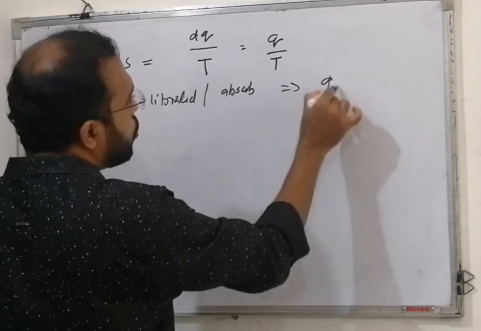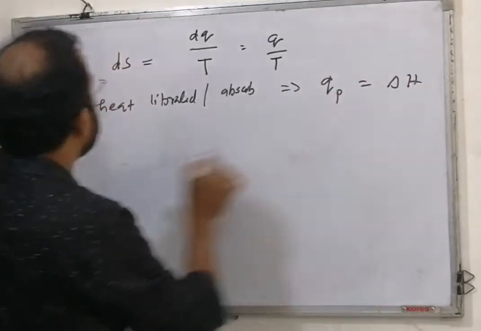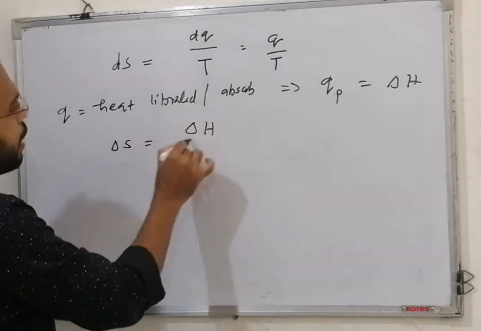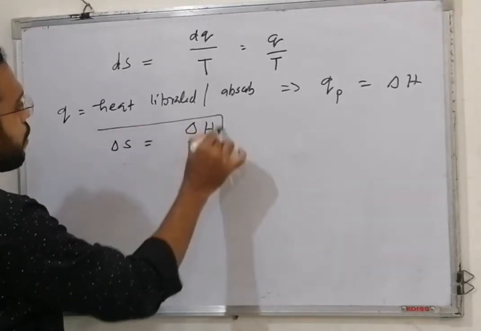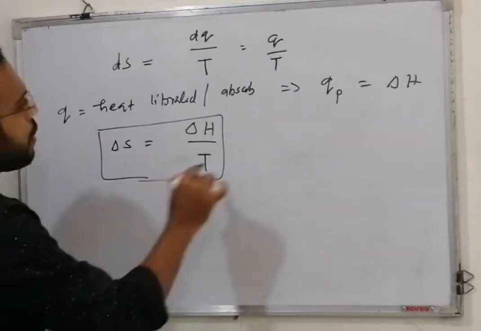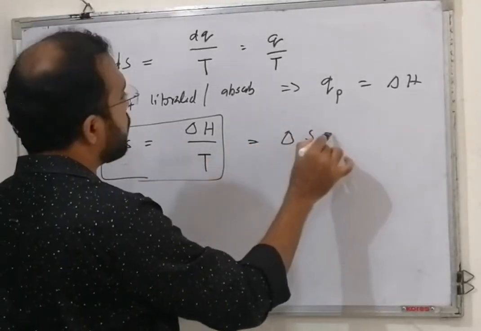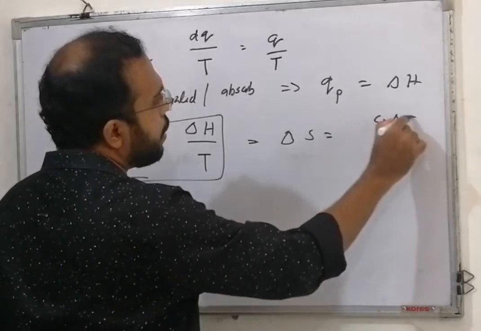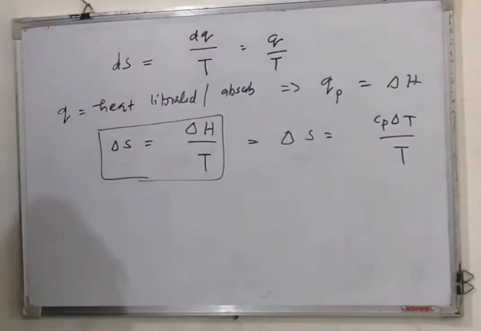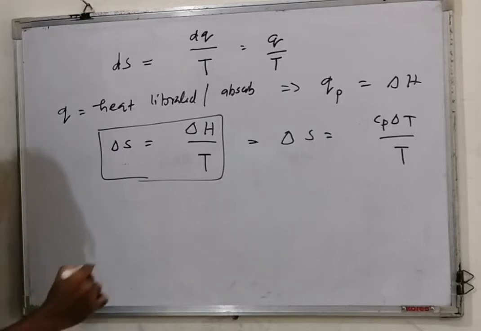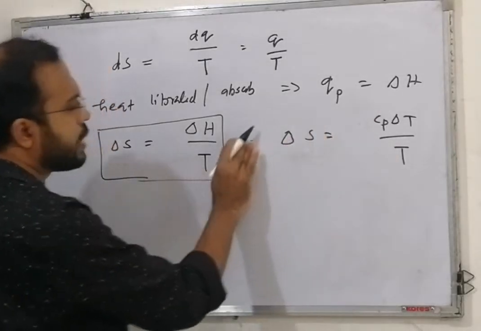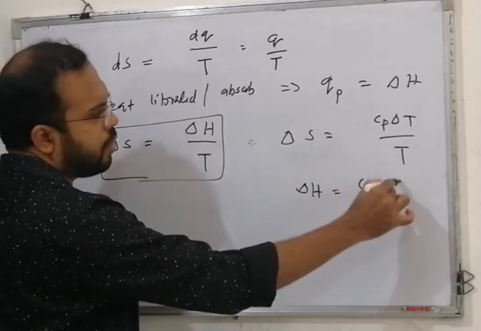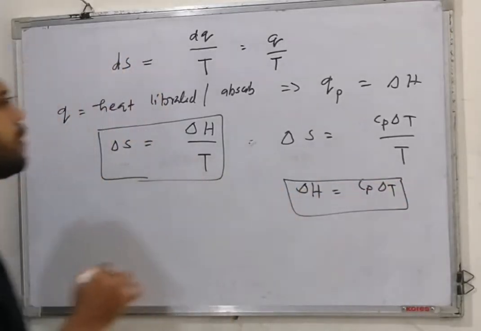Normally at constant pressure, Qp is delta H. Therefore, entropy change can be represented like this, or it can be represented by Cp delta T by T. We know that delta H is equal to Cp delta T.